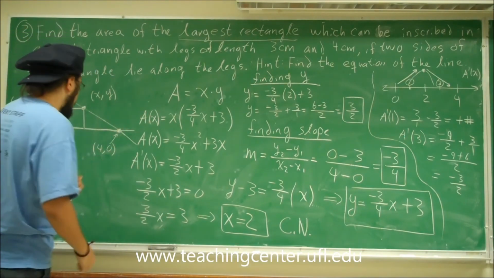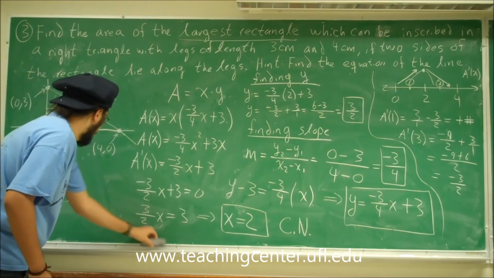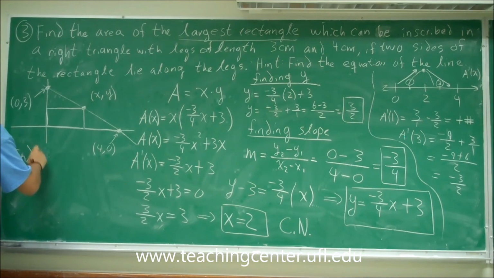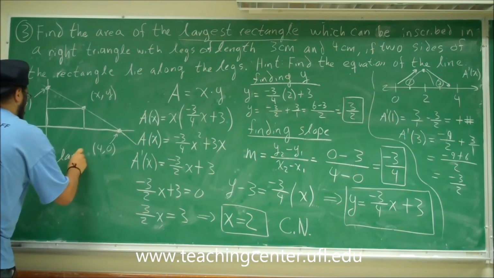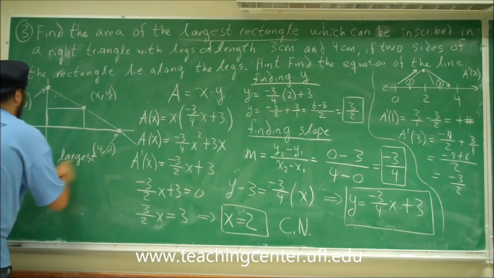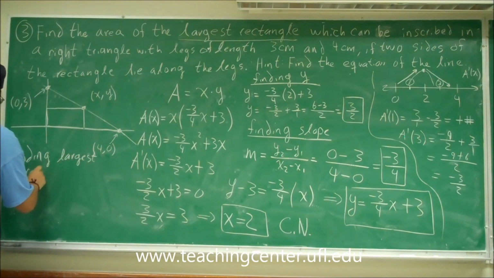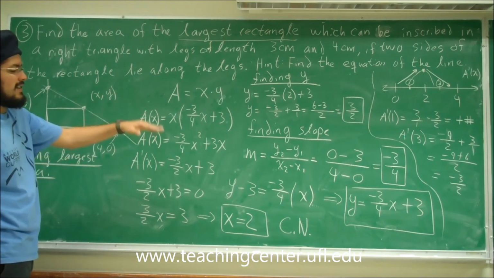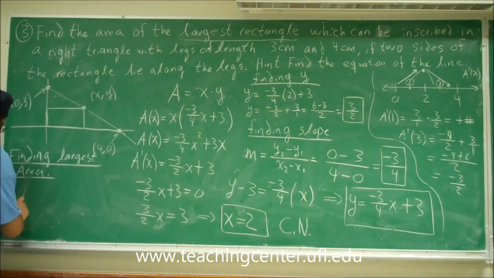Now let's find that area. Erase this over here, and I'll find the area over here. Finding the largest area. We already have the x and y that produce the largest area, so let's just plug them in.